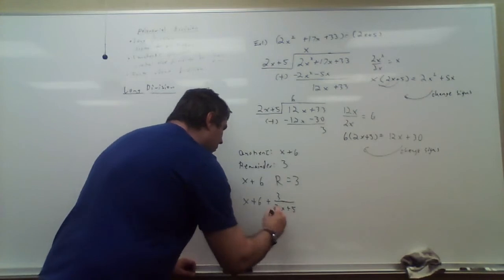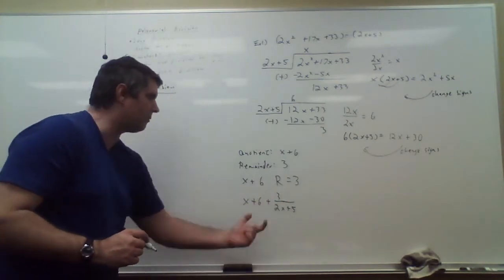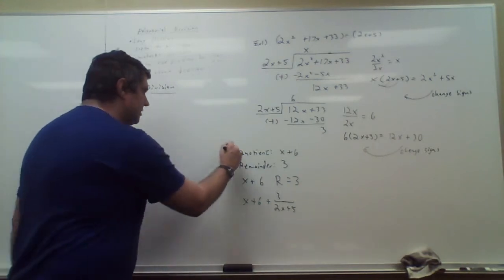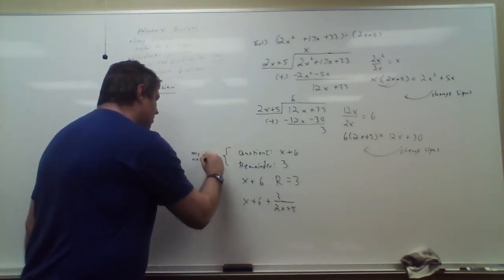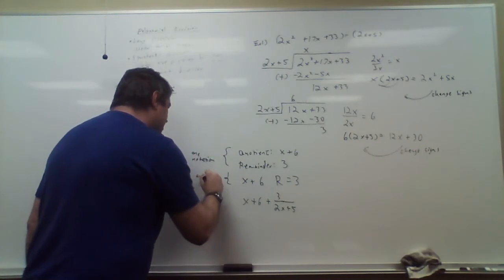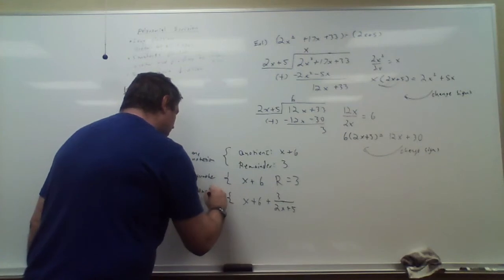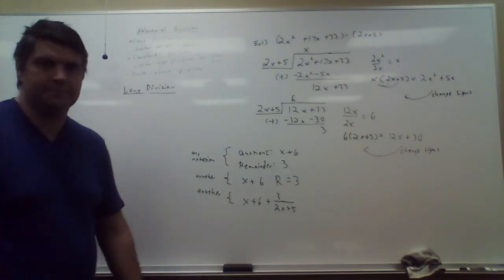This would be quotient plus remainder over the divisor. So this is one notation, another notation, and then another. Three notations to describe this situation.